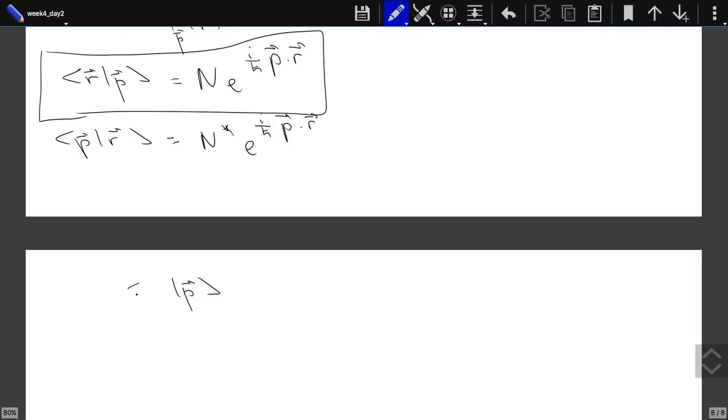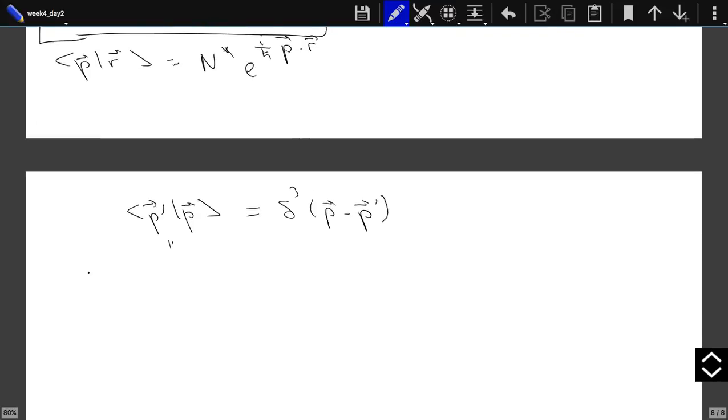You see ⟨p'|p⟩, the inner product of two momentum eigenkets, should be a Dirac delta. But at the same time, I can write that as the integral d cubed r ⟨p'|r⟩⟨r|p⟩. This should be equal to this Dirac delta.